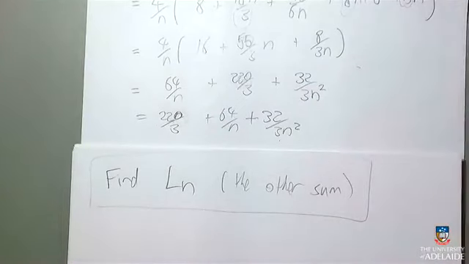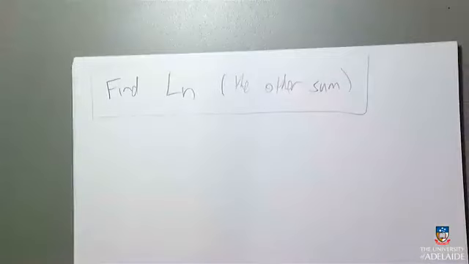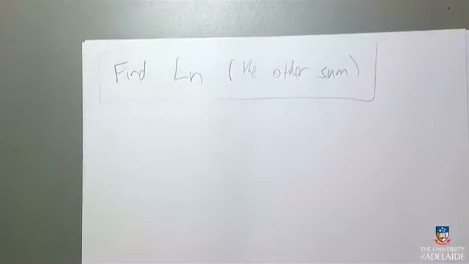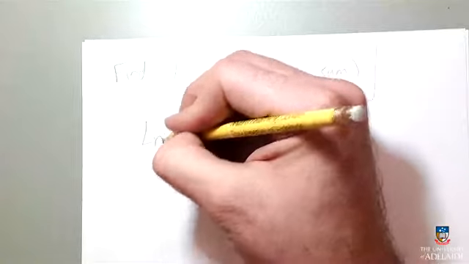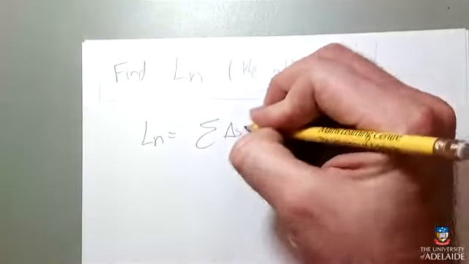I'm not going to do that again. I'm going to use a fact about how Un and Ln are related to each other when it's an increasing function or a decreasing function. So let's have a look at this. Ln is this.